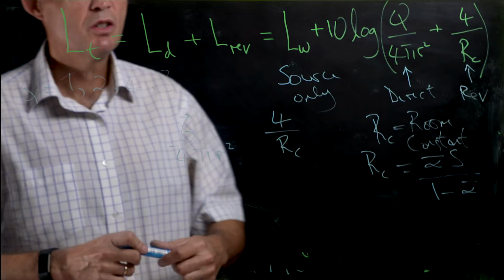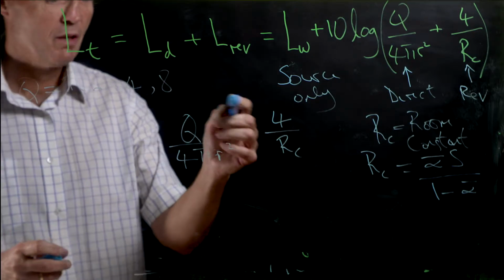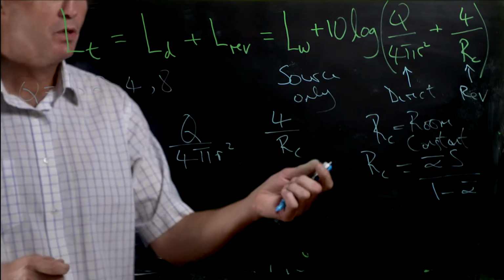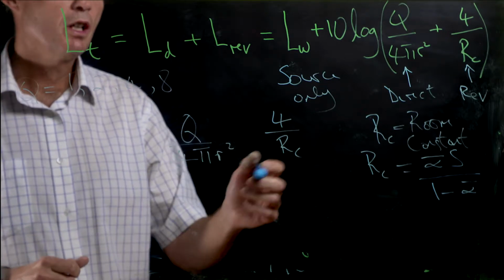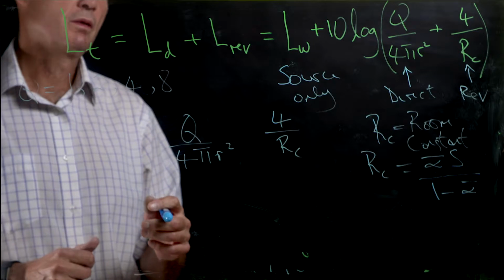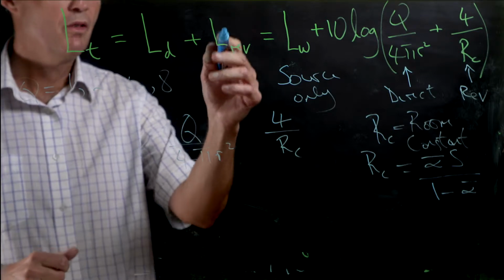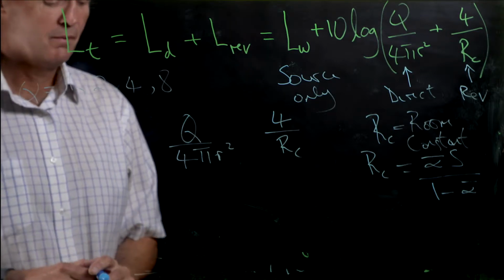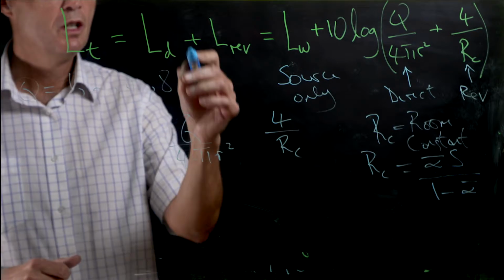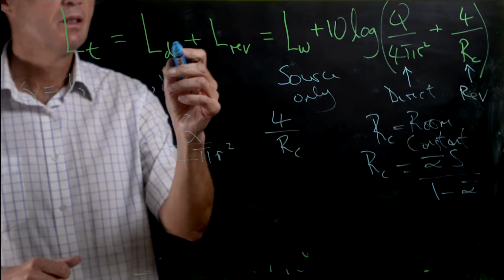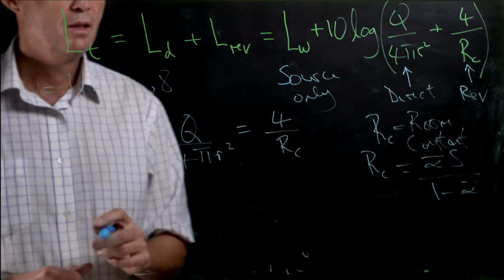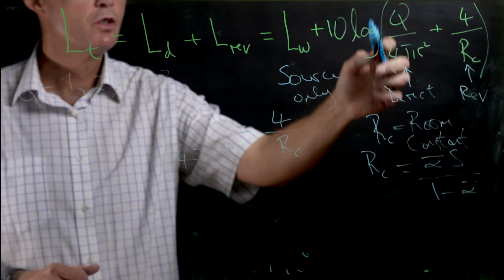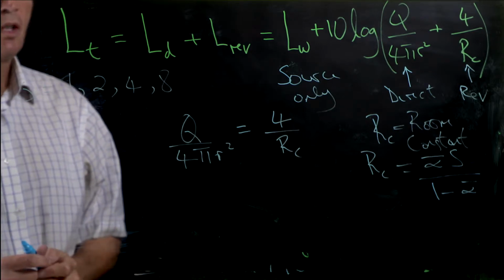In all spaces, if you have a sound source in position and you take noise measurements as you come further away, you will soon come to what is known as the reverberant field. What that means is that the reverberant field will then dominate in that space. The cut-off point where the direct field is equivalent to the reverberant field is where we've got these two terms equal to each other.